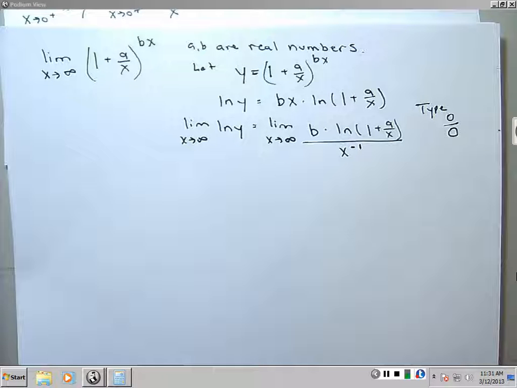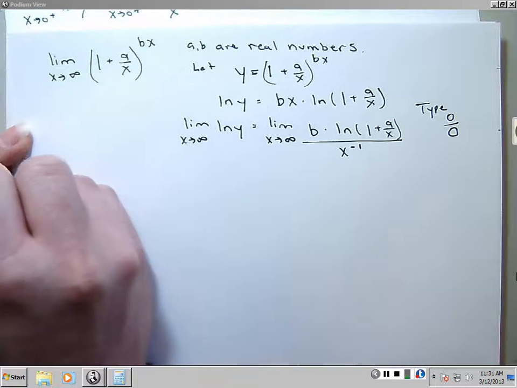Anytime you have 0 times infinity, eventually you can apply L'Hopital's rule, but you have to get it in the right form first. Make sense? Okay. So now I've got it in the form where I can differentiate.